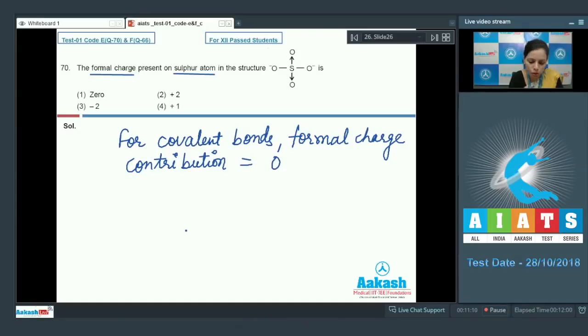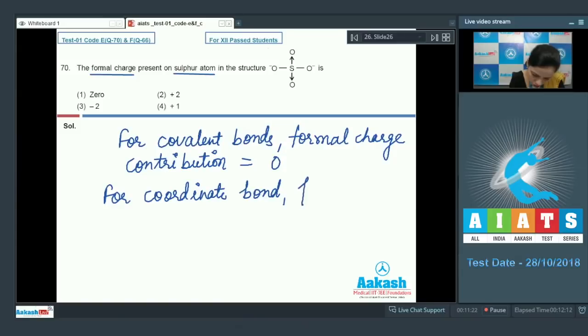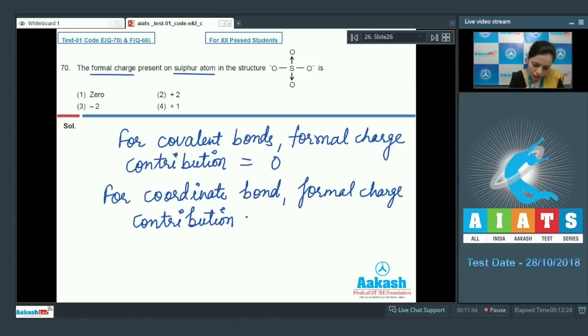But if we talk about the coordinate bond, the formal charge contribution is +1.